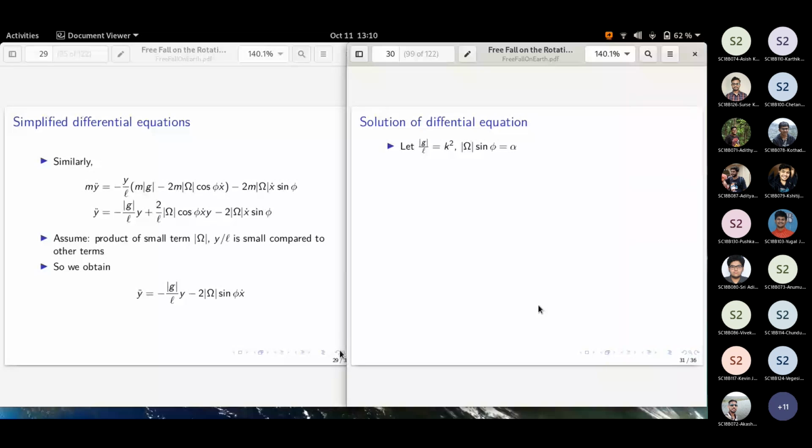So let us assume that modulus of g by L is k square and modulus of omega times sin phi is alpha. We are also going to make one more assumption, about modulus of omega square divided by k square. One is the Earth's rotation rate, and then you also have the pendulum's oscillation rate.